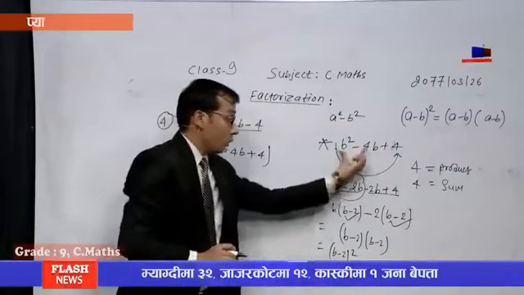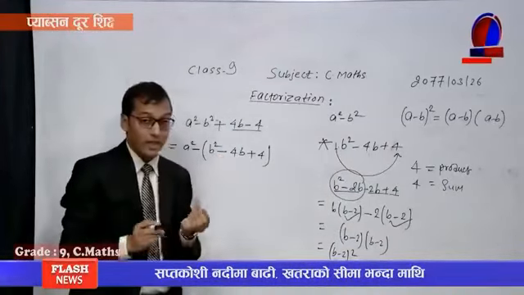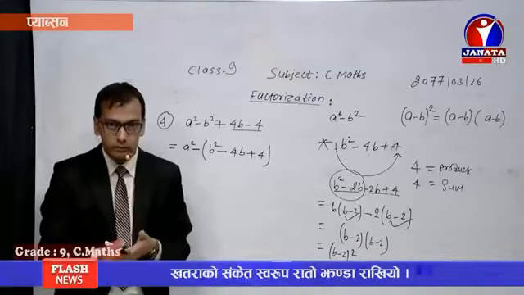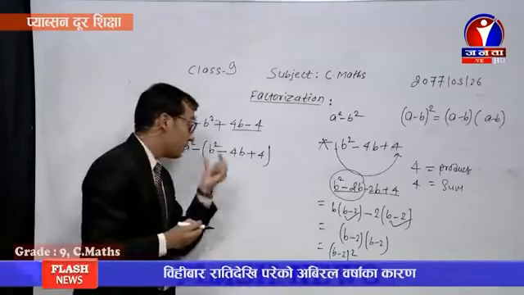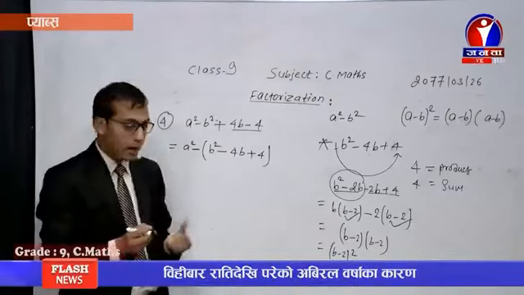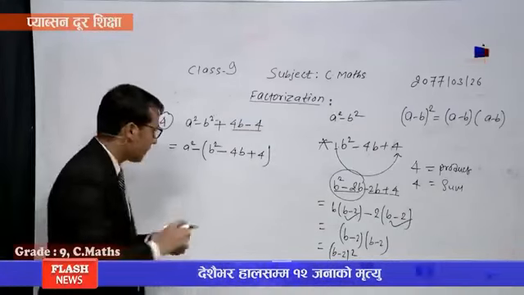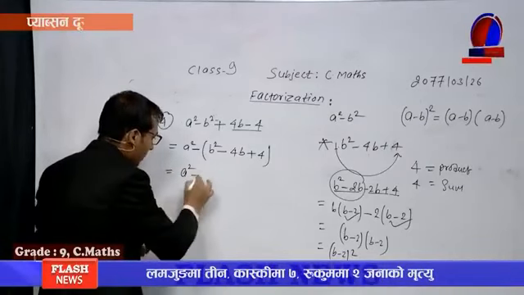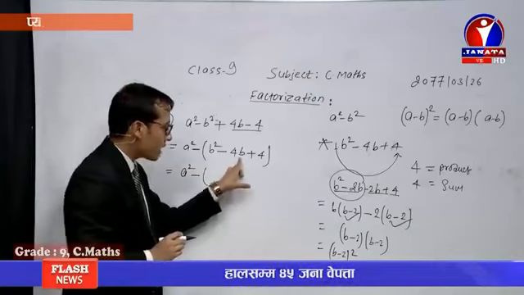So we need to factorize these 3 terms which are in the bracket, by splitting the middle term. There are many ways. So the common process, we say we split the middle term for this factorization, or directly we can convert this into a minus b whole square form. So let me go ahead and write the next step. So a square minus b square minus 4b plus 4.